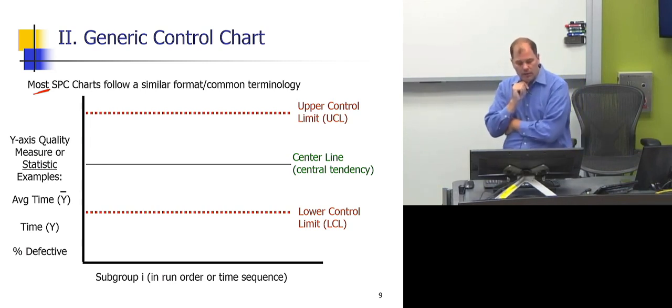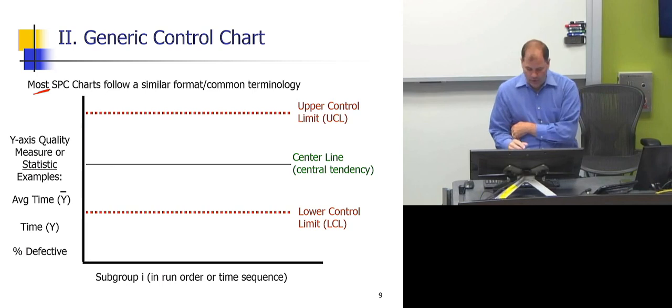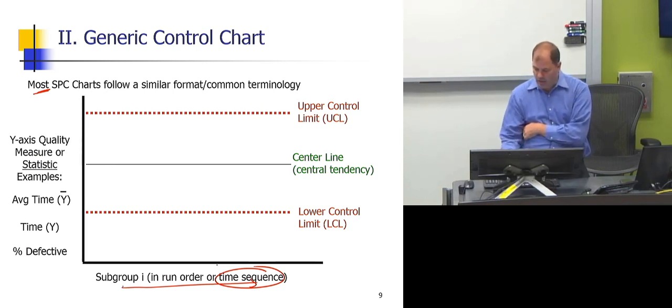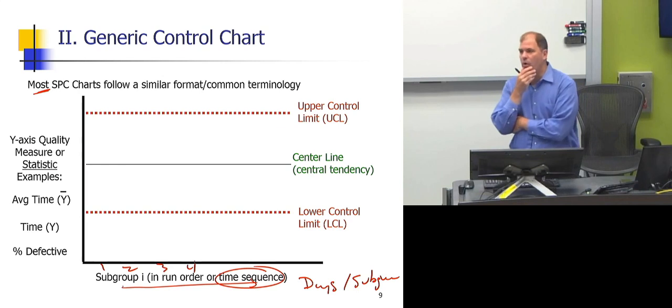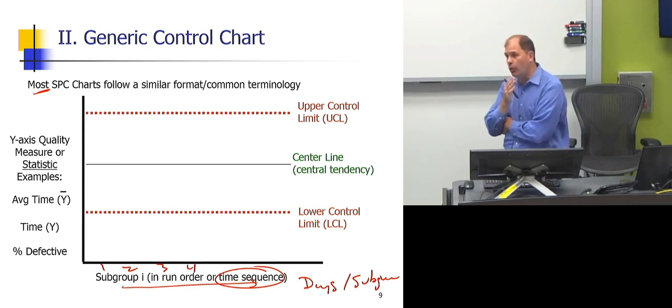All right, what we look for. First of all, we're going to make a graph, and we're going to plot points in the order in which we collect them. If these are days, our subgroups, it's going to be 1, 2, 3, 4. For that reason, you have to know the order in which you collect data.